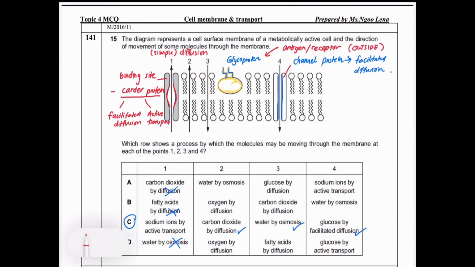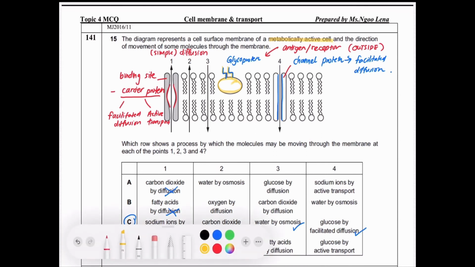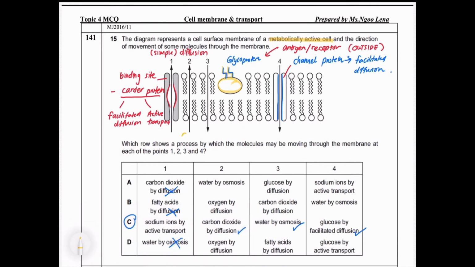The question said that this is a metabolically active cell, so it will be producing a lot of carbon dioxide. So definitely the carbon dioxide is produced more inside the cell, and is diffusing down the concentration gradient out of the cells. So the answer is definitely C.